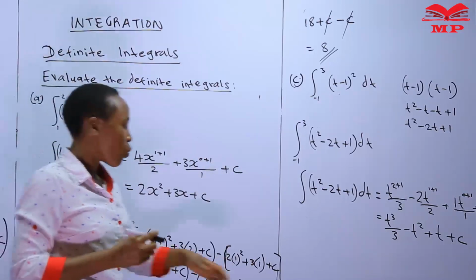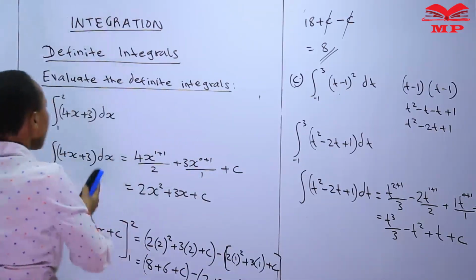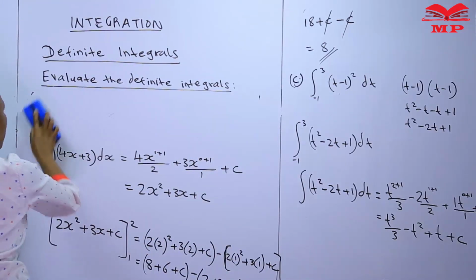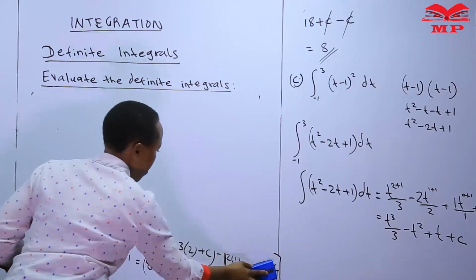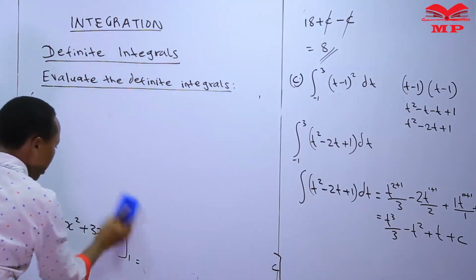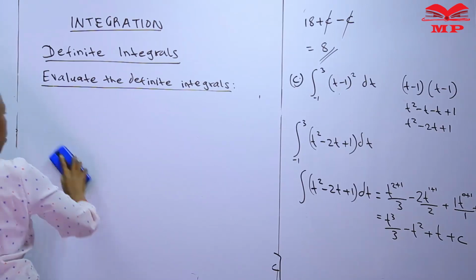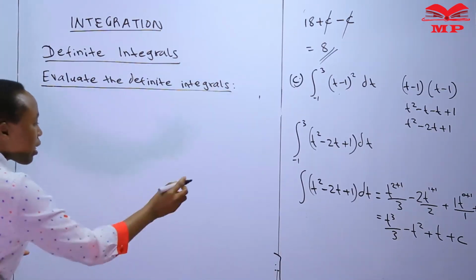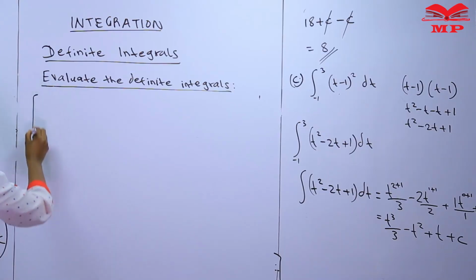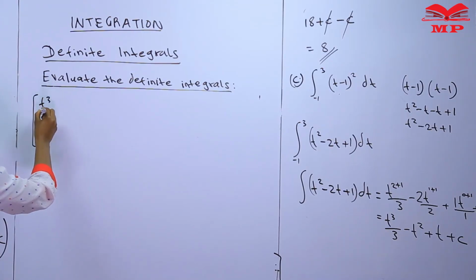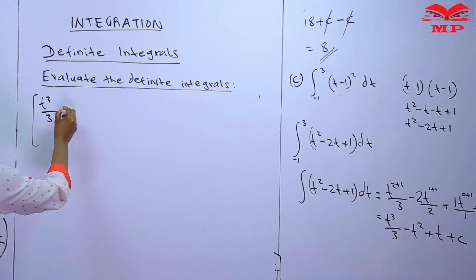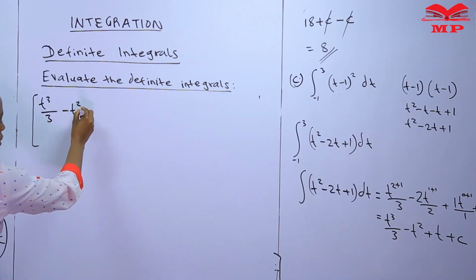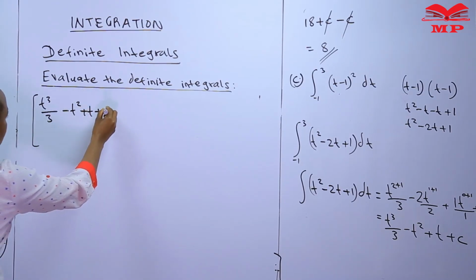Then after that, we need now to include the limits so that we can evaluate and get the final answer. So here we come and now put the limits. With whatever we've gotten, we have t cubed all over 3 minus t squared plus t plus c.